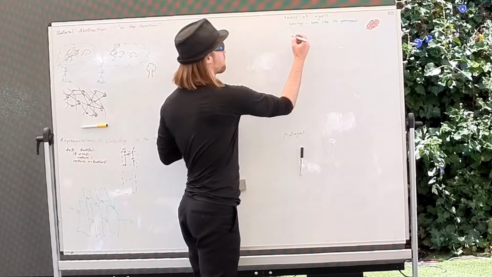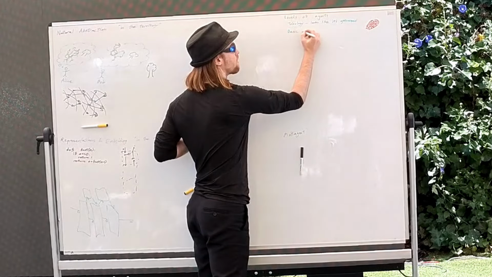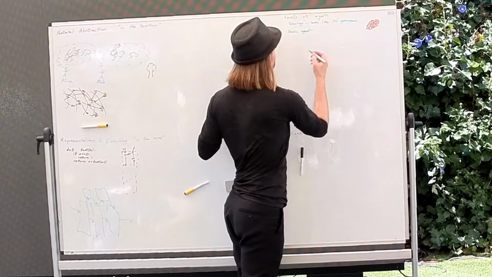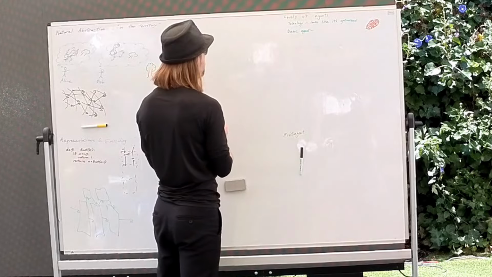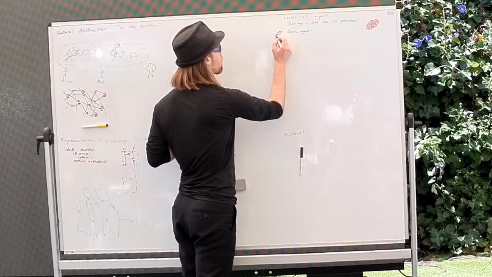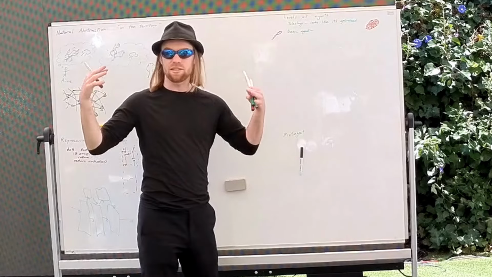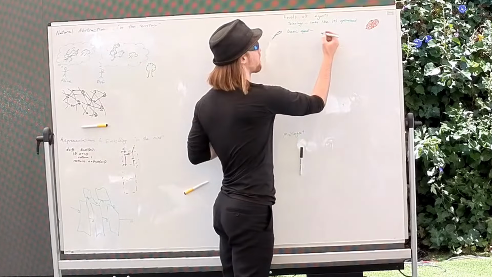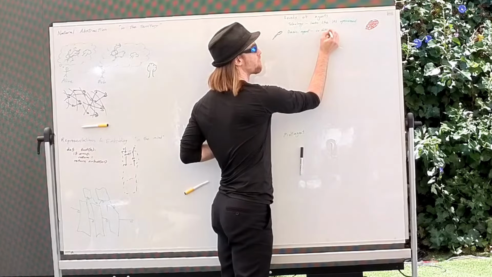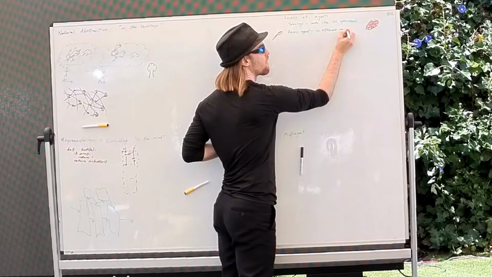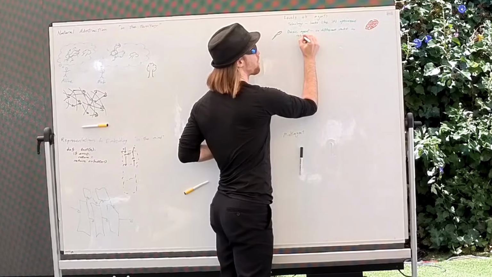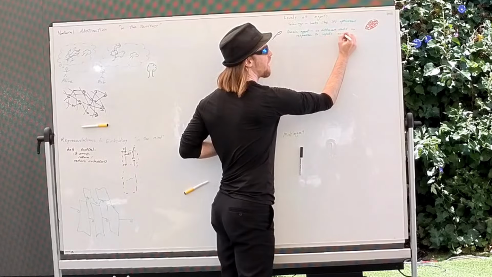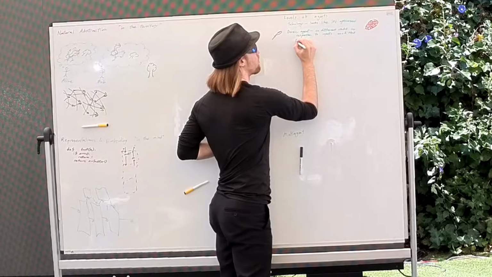Next level would be a basic agent. The defining idea of a basic agent is it's going to take different actions or have different outputs, do different stuff in response to inputs of some sort, such that particular outcomes occur.